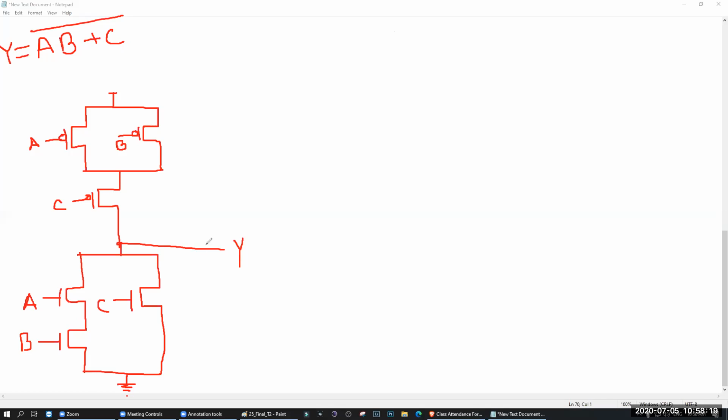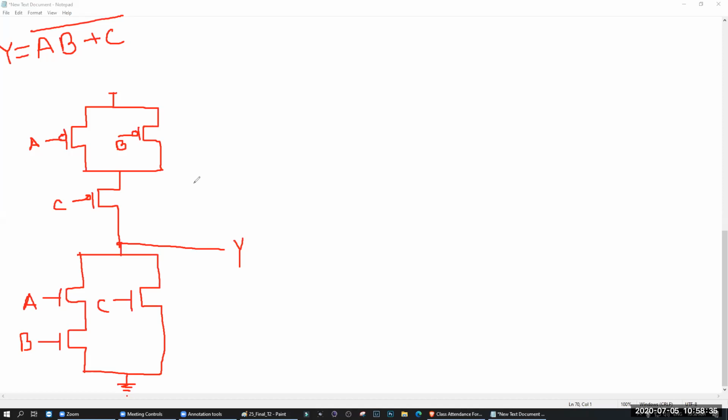Now what are the formulas? You have to calculate for p type first, then n type, or n type first, then p type, whatever you wish. I want to calculate for p type first.